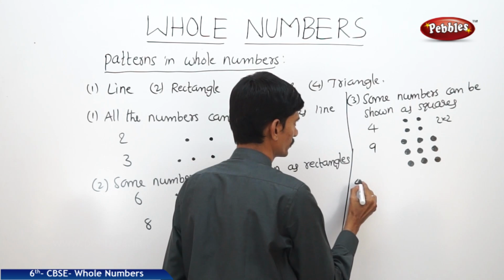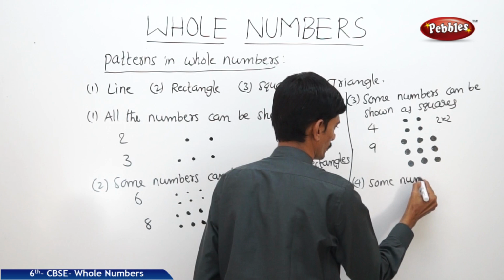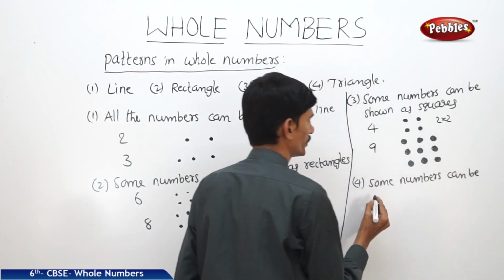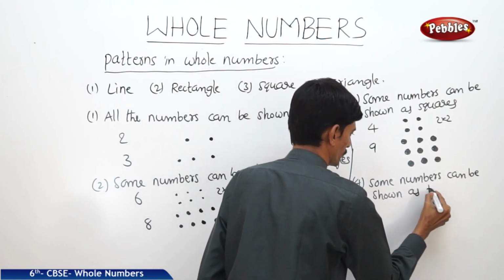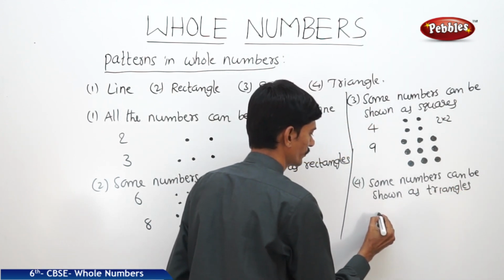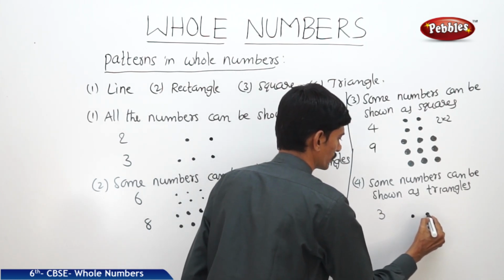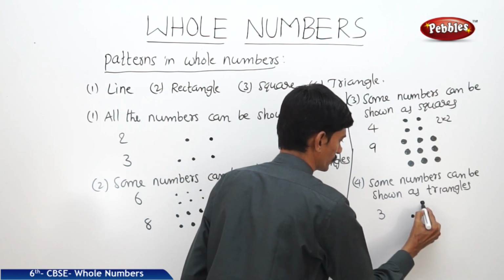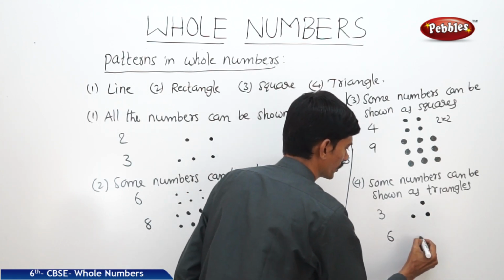Now some numbers can be shown as triangles, such as 3, so we can show with 3 dots. Or 6, so we can show as this.